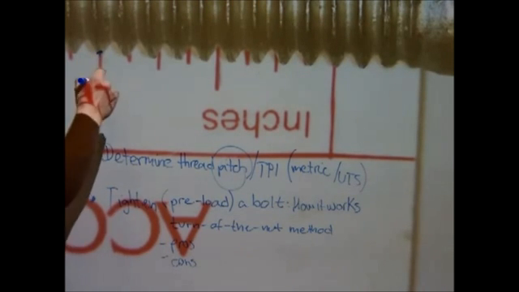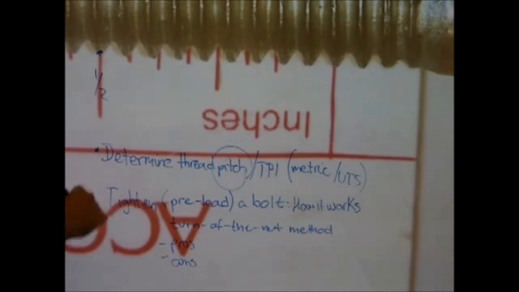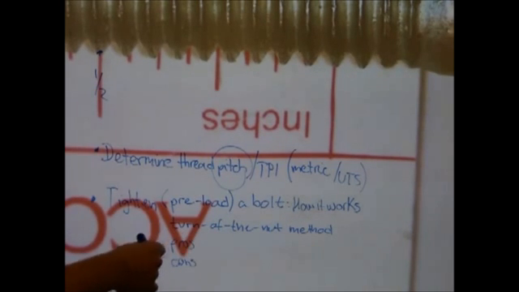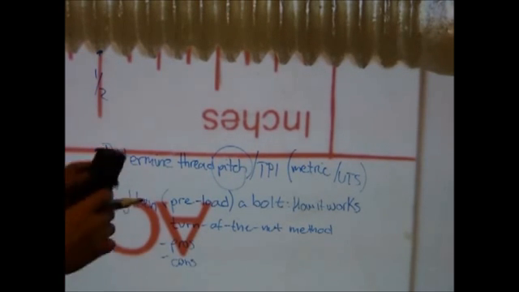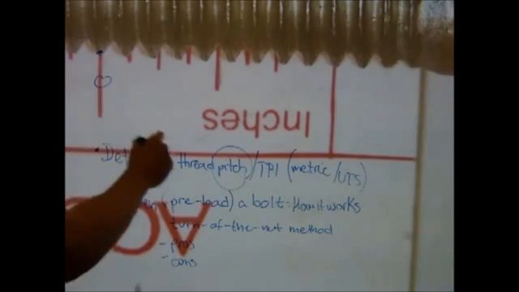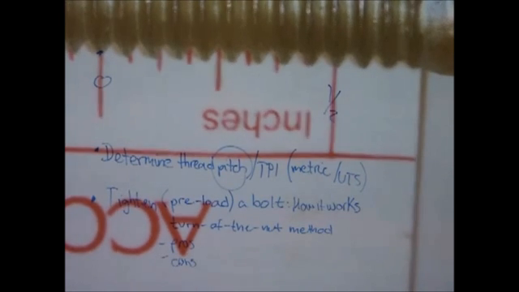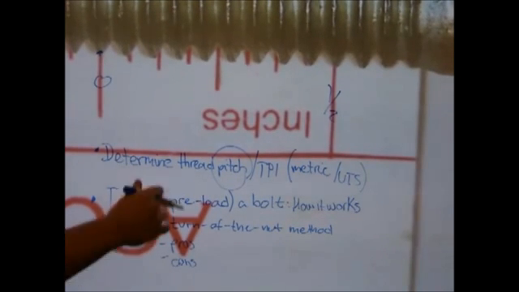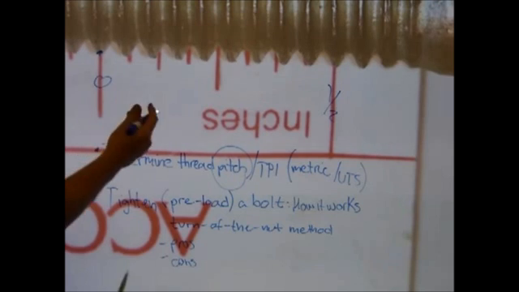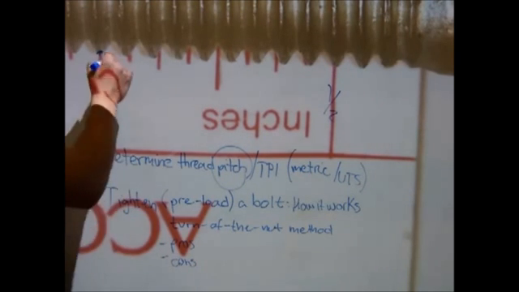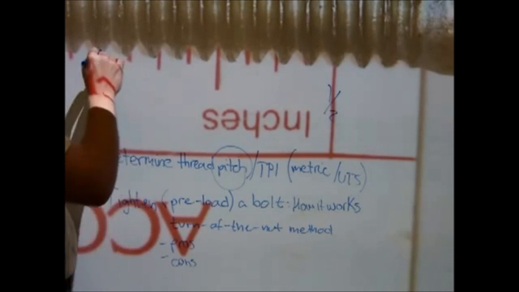You line up one of the crests with one of the lines here. This is ½ inch. Actually, it's going the other way around. This is 0 and this is going to be ½ inch, it's easier to read from your point of view. And we count the number of turns from here on over a certain distance.